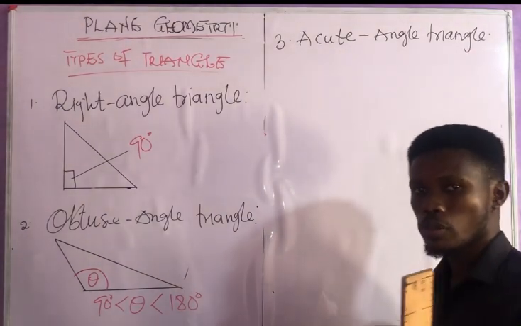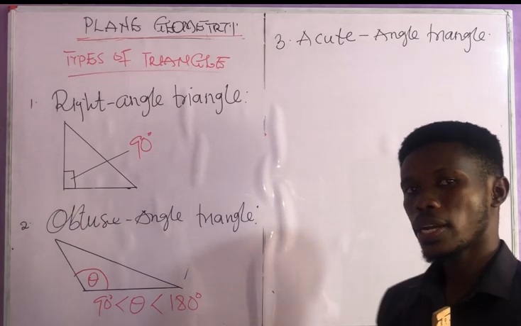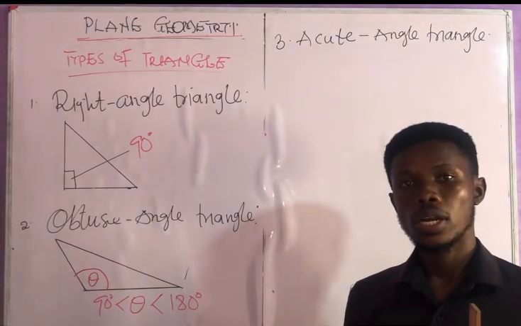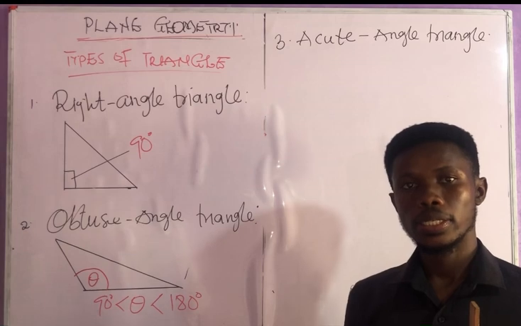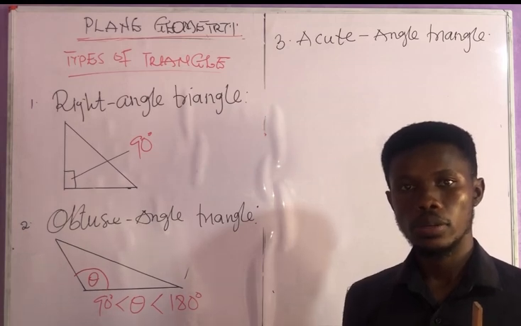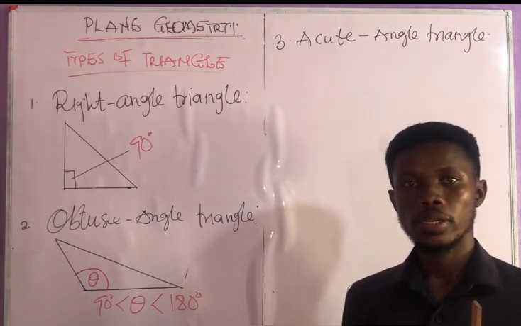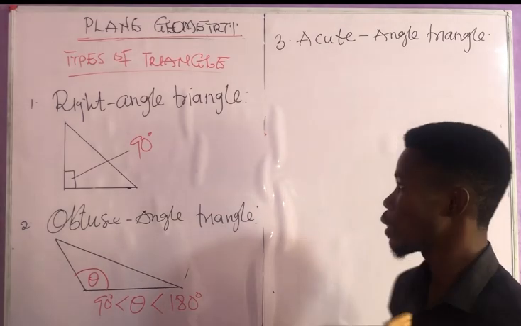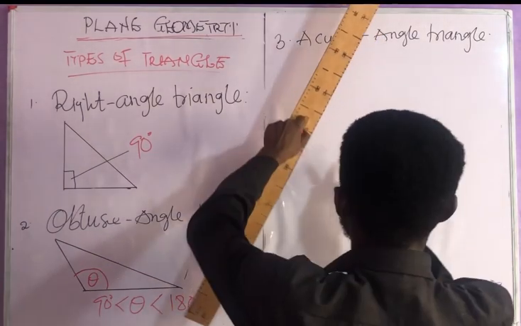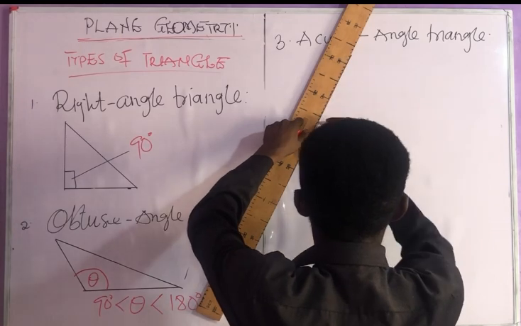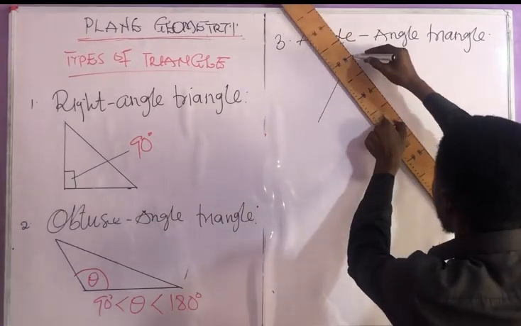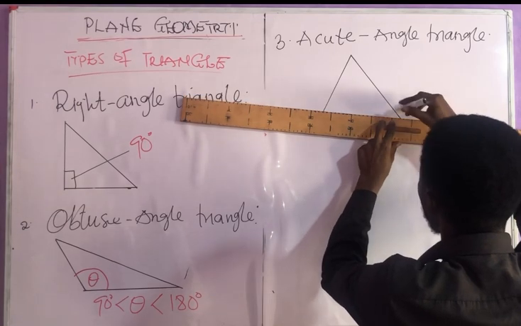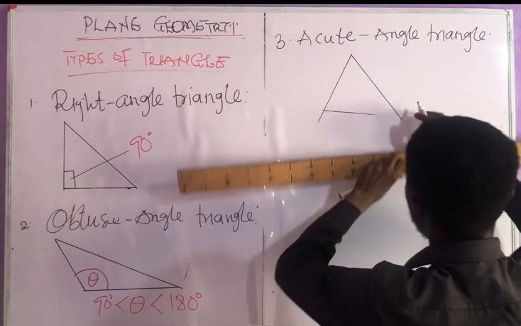For acute triangle, just like acute angle, we are saying that acute angles are less than 90 degrees, but they are greater than 0 degrees. That's what we said. In the same way, for acute triangle, let me draw the shape for you. This is the shape. Okay.